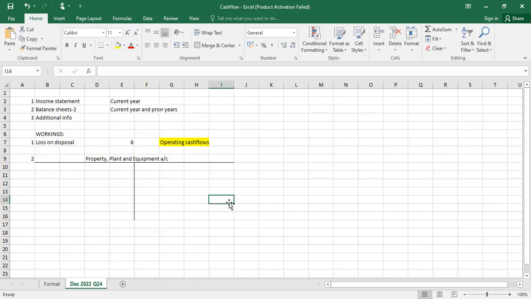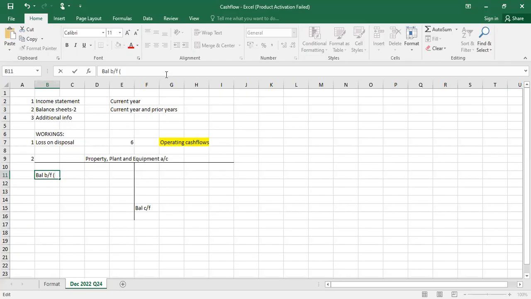Being an asset account, we have to remember that it's a debit account. And so the balance brought forward for it, we debit. That brought forward balance, we should compare with the balance carried forward. Remember, it's for this reason that we have two balance sheets, one to give us the opening balances and another to give us the closing balances.